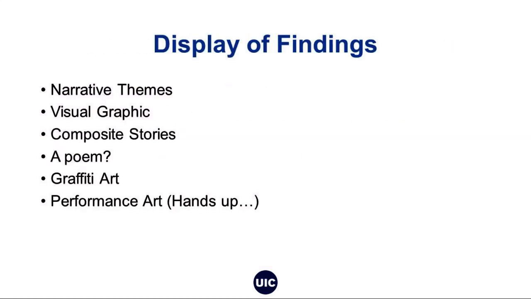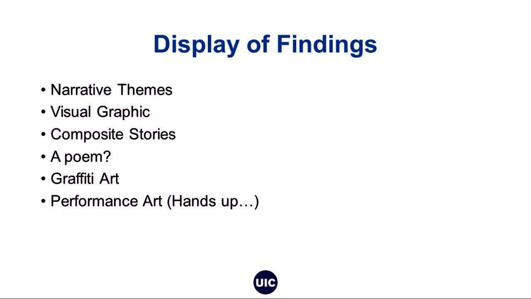This is the focus of another module, Unit 2, Module 7, Data Display, but I just wanted to explain that findings can be presented in lots of different ways. I gave an example here of narrative themes, but there are examples of graphical depictions of meaning. I gave an example of my doctoral student who came up with a theoretical model.